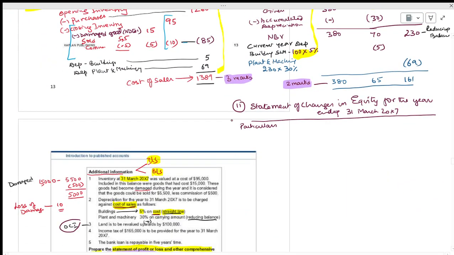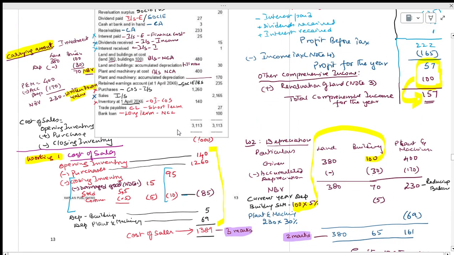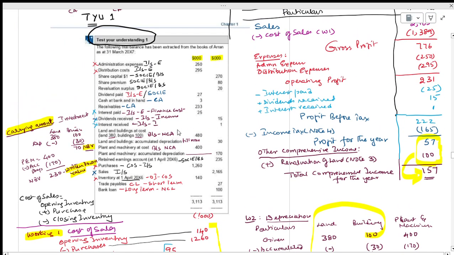Share capital, share premium. Now I will tell you one thing. Sometimes they will give plus or minus. We have share capital, you have share premium, you have revaluation surplus. If you go from the bottom, 1, 2, 3, 4, 5, the sixth one, they have the retained earnings.